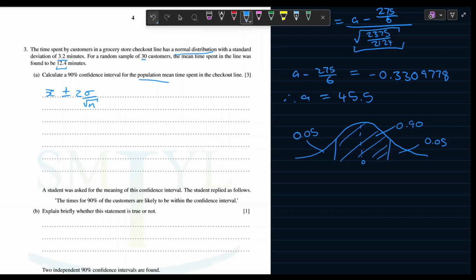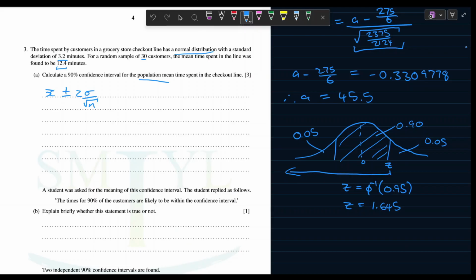So to find our z value, which would be at this point here, we're going to say z is arc-phi of the area to the left of z, which is a total of 95% or 0.95. So we need the z value that corresponds to a probability of 0.95. And that z value is 1.645.